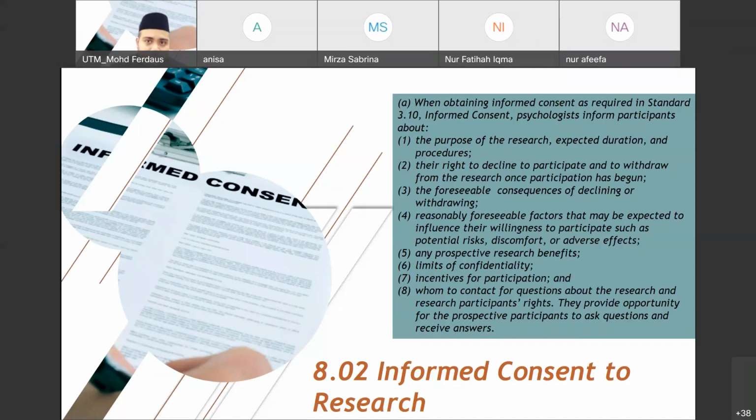Limits of confidentiality. This is a bit technical. Some research that we conduct as psychologists involves a very important, very urgent, essential aspect, say, for example, mental health. You want to know teenagers' suicidal tendency, the tendency to commit suicide.